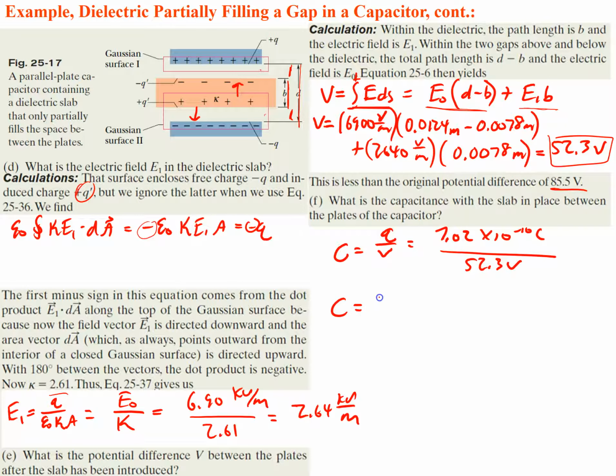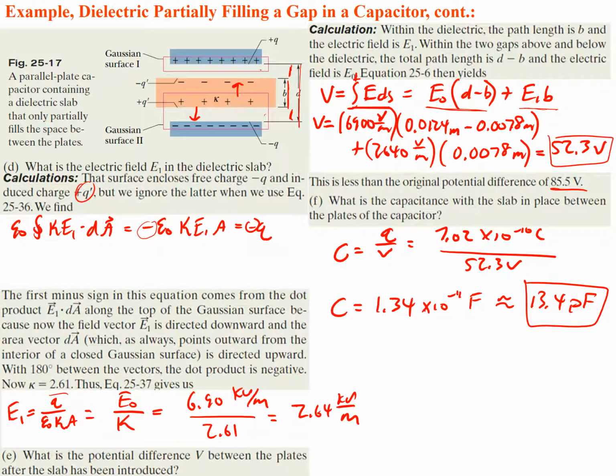You can see that our capacitance is 1.34 times 10 to the negative 11 farads, or approximately 13.4 picofarads. All right, so there's our answer for capacitance.